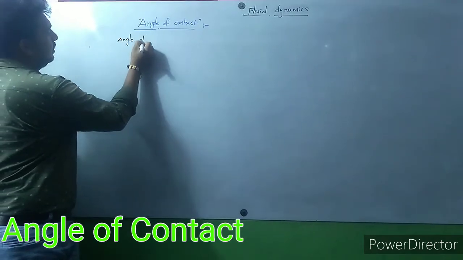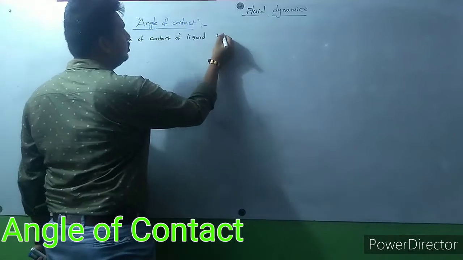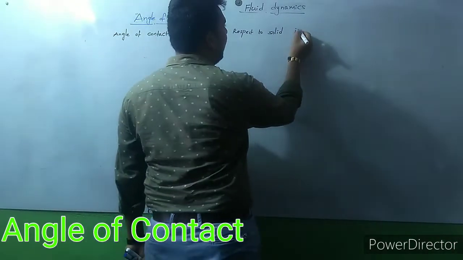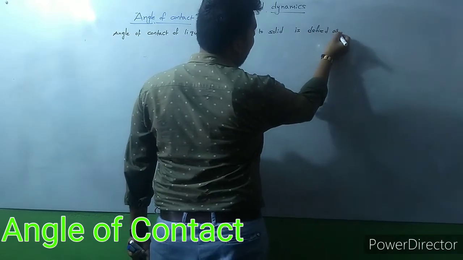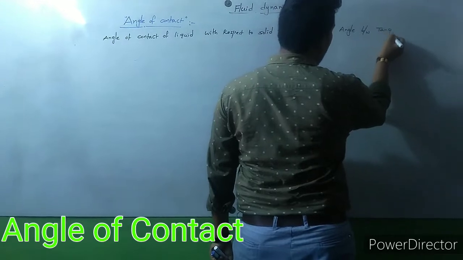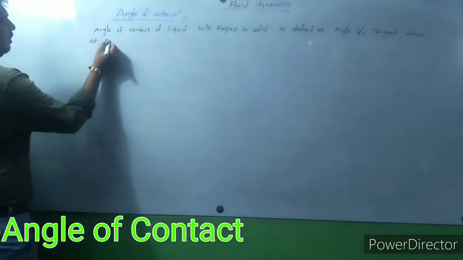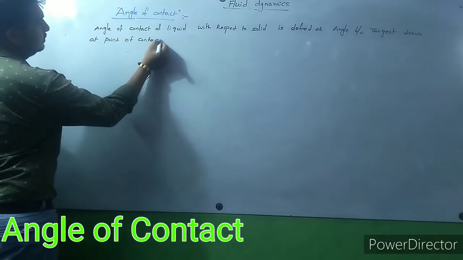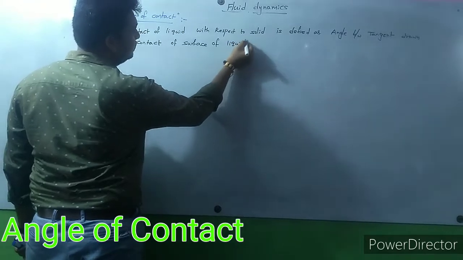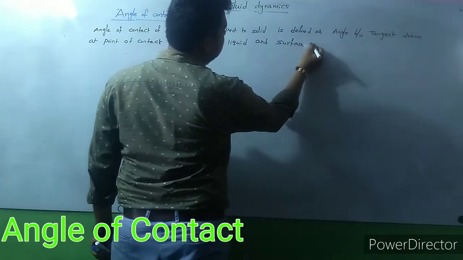Angle of contact of a liquid with respect to a solid is defined as the angle between the tangent drawn at the point of contact of the surface of the liquid and the surface of the solid.